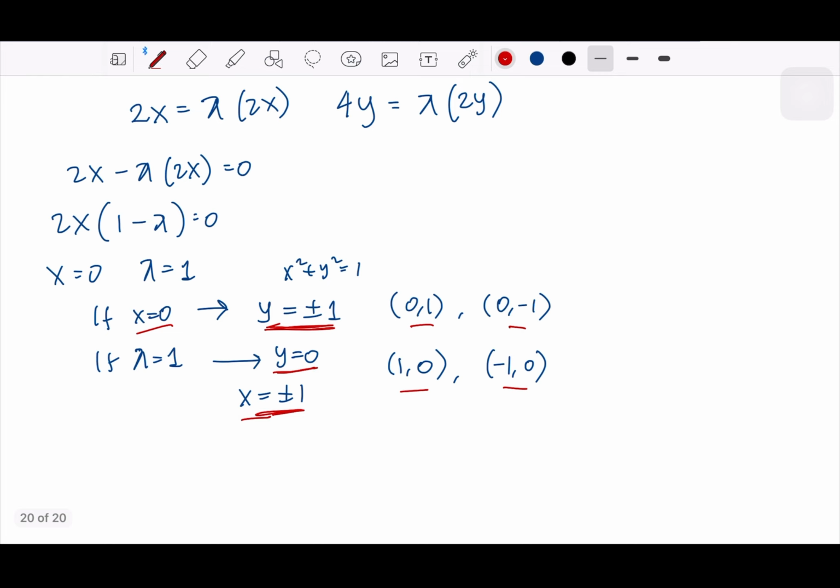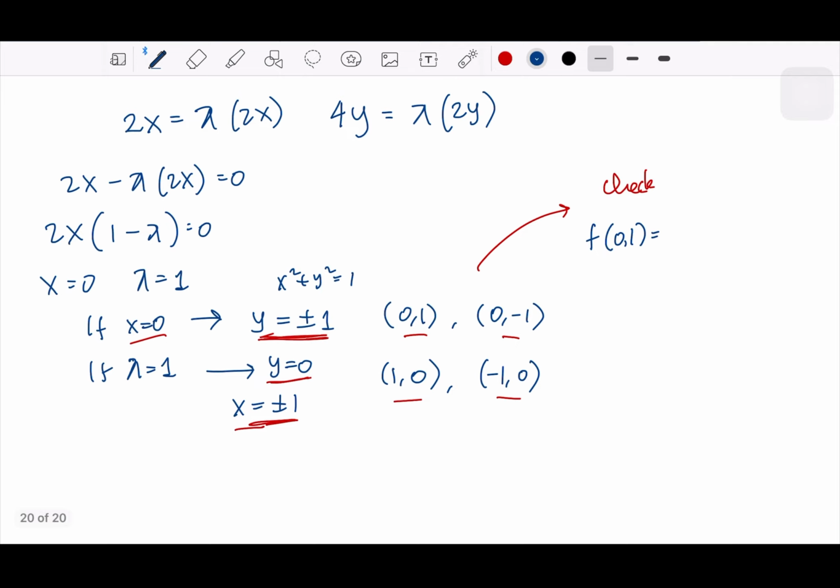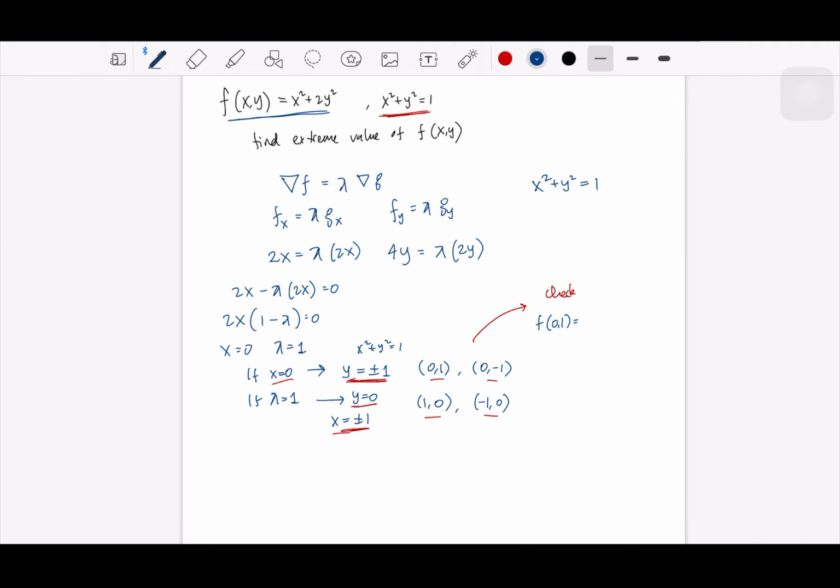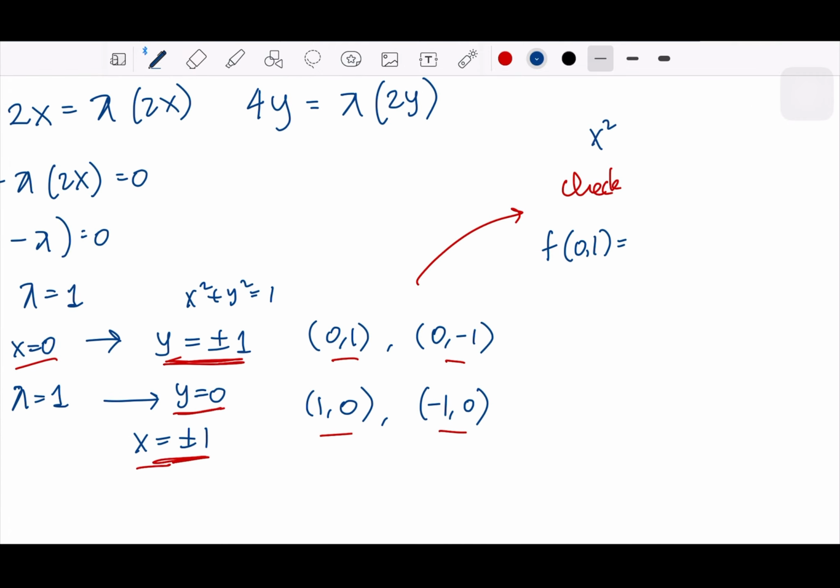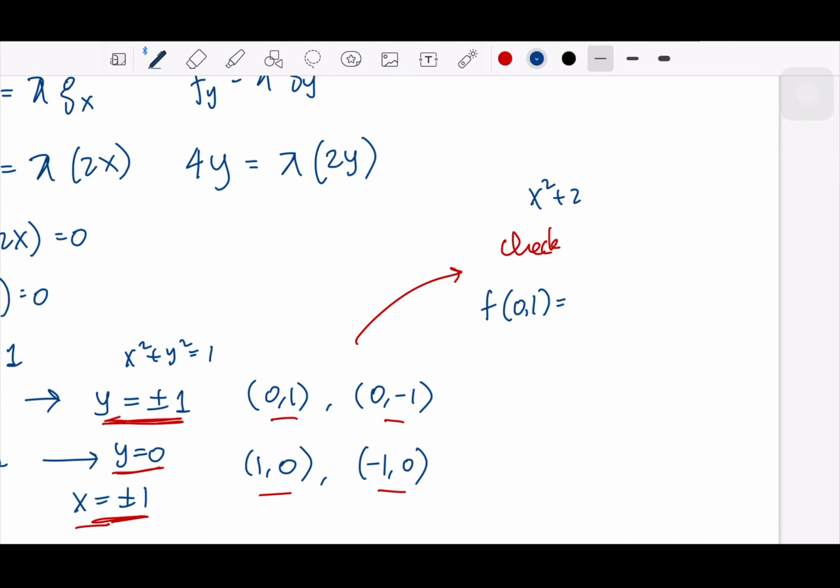Now we check all these points. We check x squared plus 2y squared.